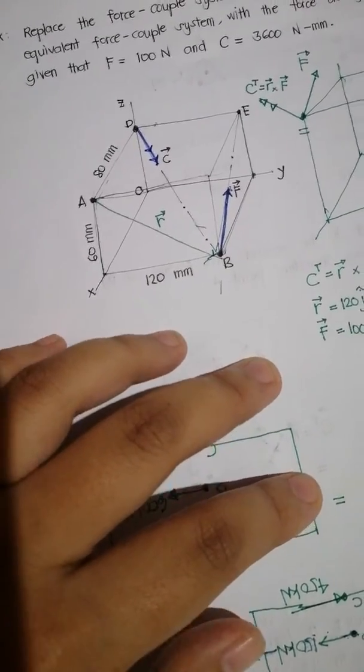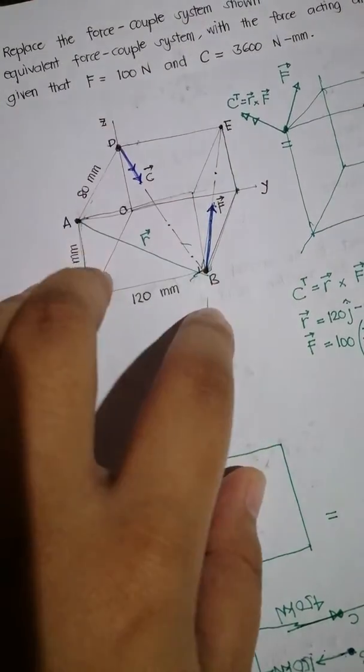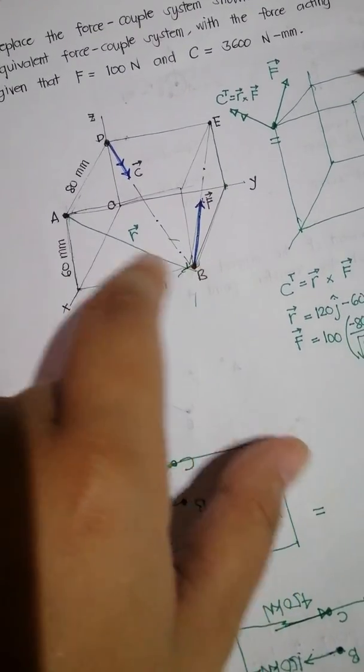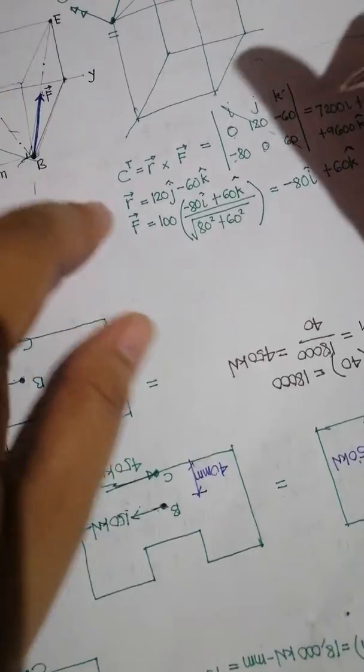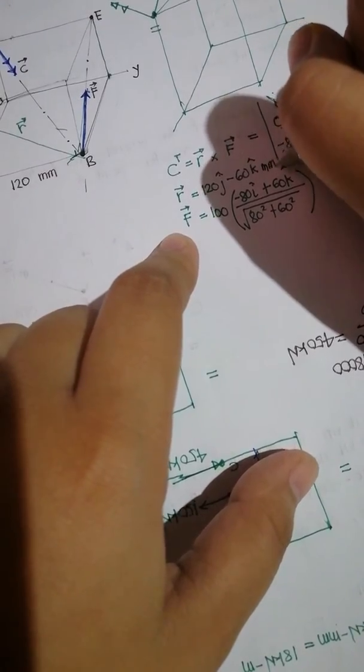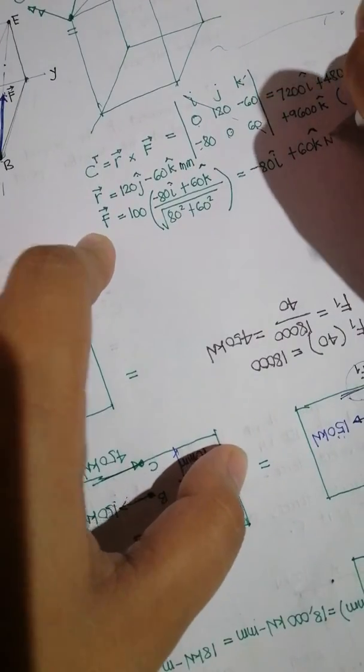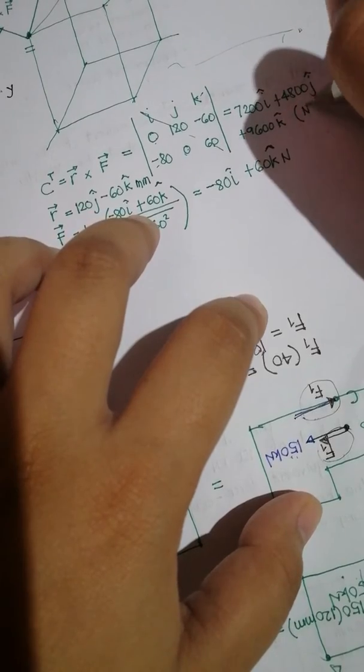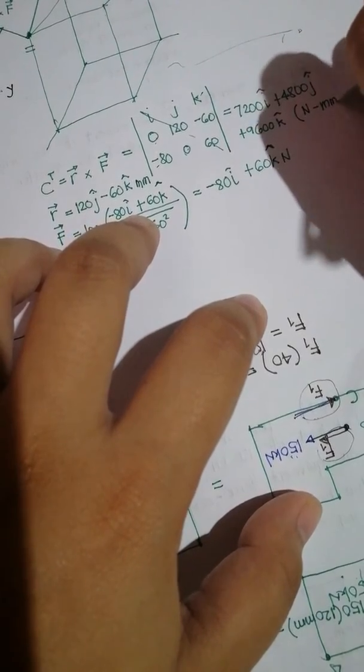Our r is in millimeters and our force is in newtons, so the couple of transfer is in newton mm.